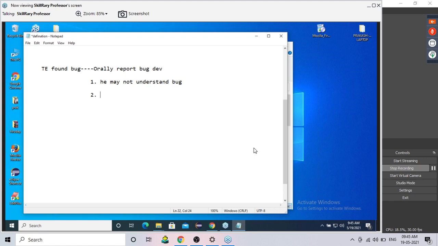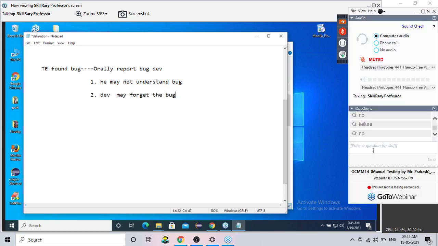After 10 minutes, hey developer, the logout scenario is not working. After 20 minutes, hey developer, compose is not working. Can it happen that the developer may forget the bug? Possible? Yes. And forget the developer, can the test engineer also forget his bugs? Obviously, because I'm busy testing.